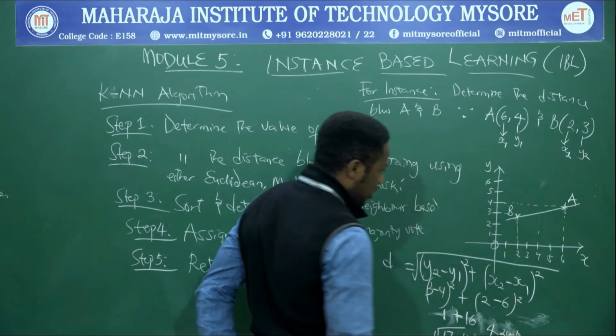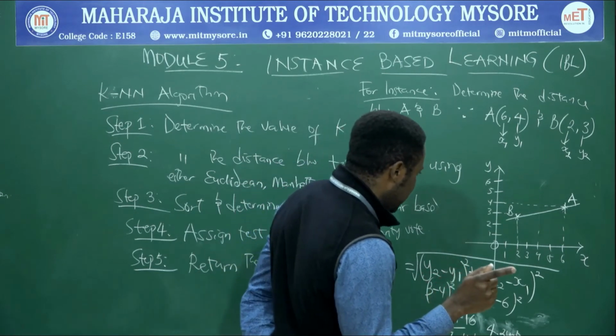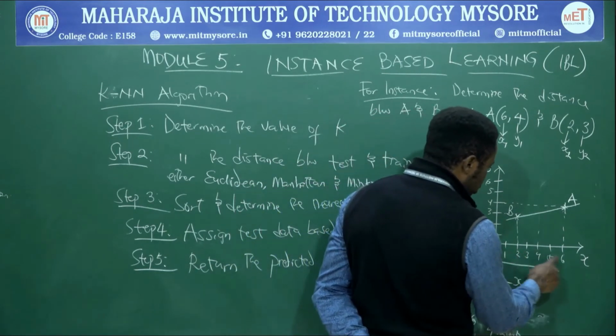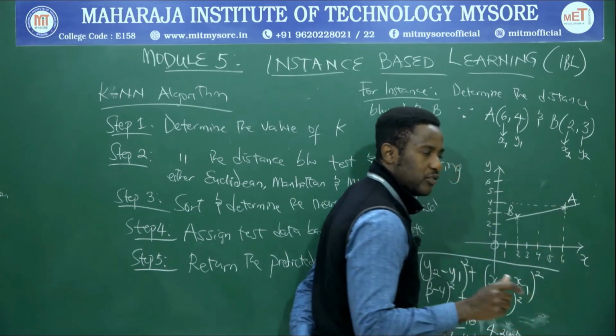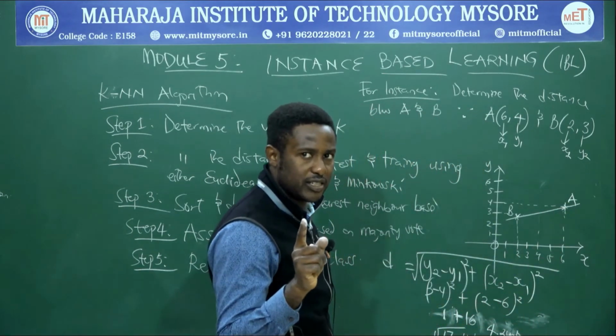And this made sense because if you check clearly, you will see from 2 to 6, just see, 3, 4, 5, 6 is around 4 units, not 5. Got it?